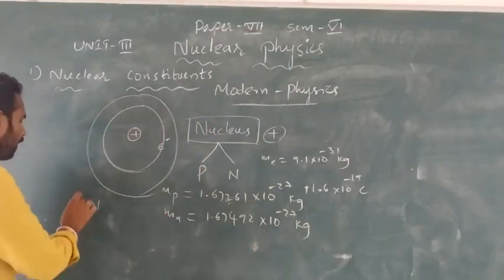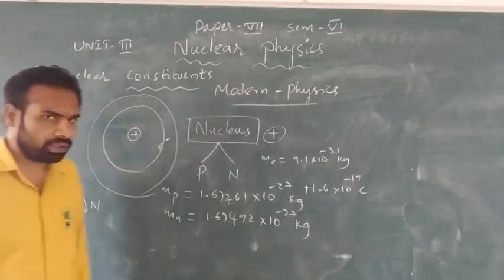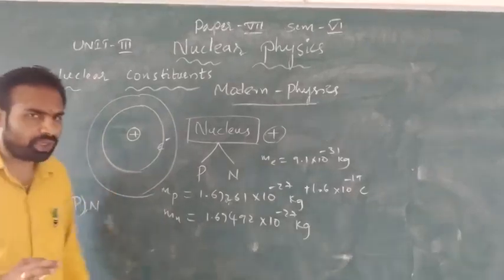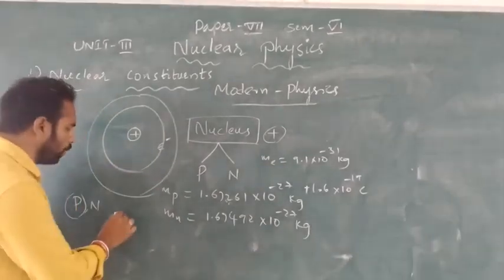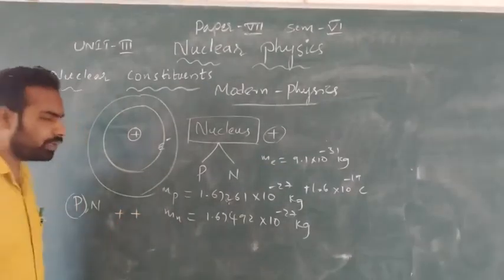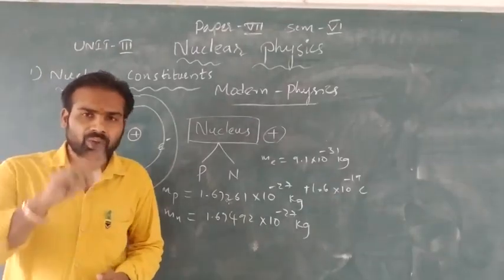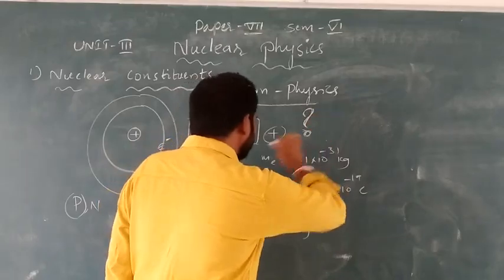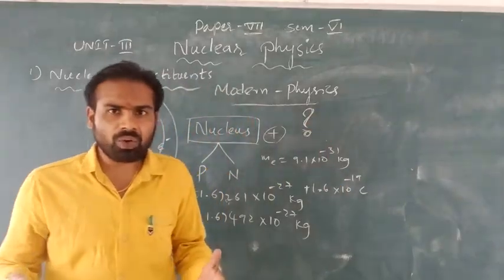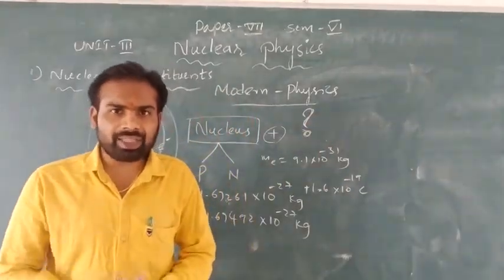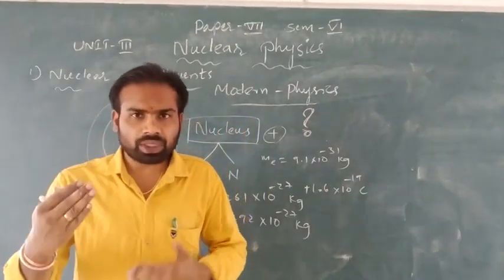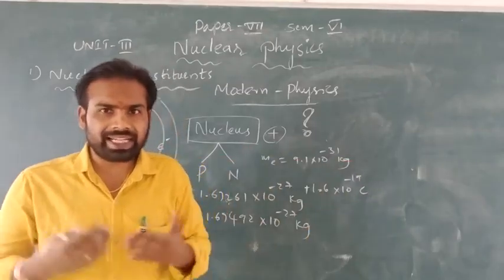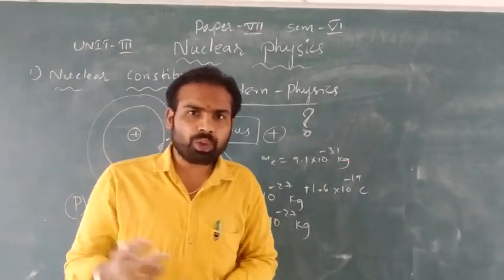Neutrons are present too, but they are neutral, so the charge comes only from the protons. Then the big question is, how is the nucleus stable even though there is a repulsive force between the protons? For example, the helium nucleus consists of two protons.